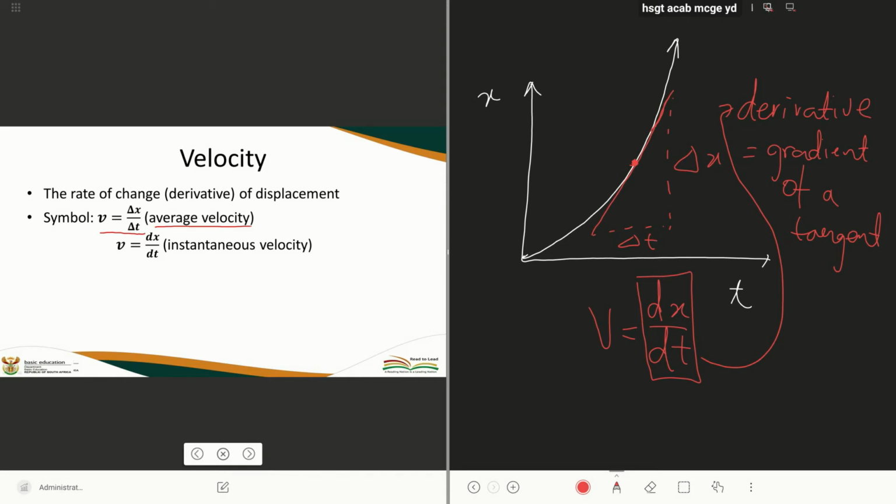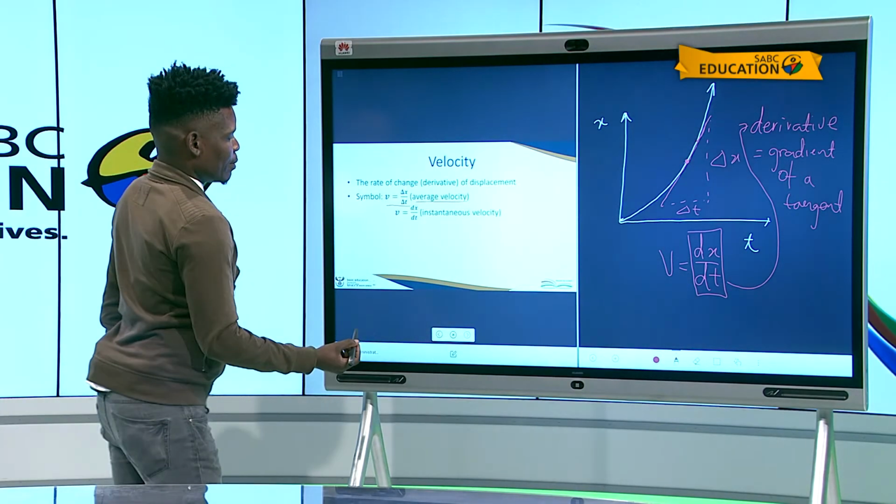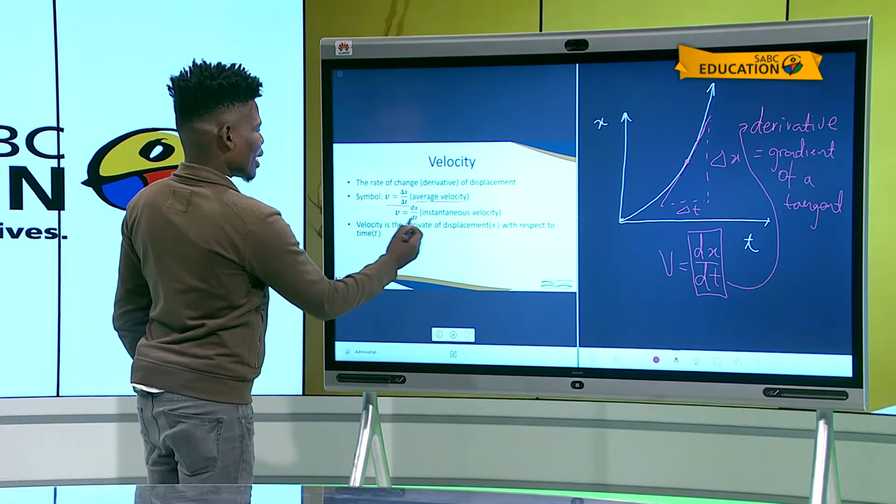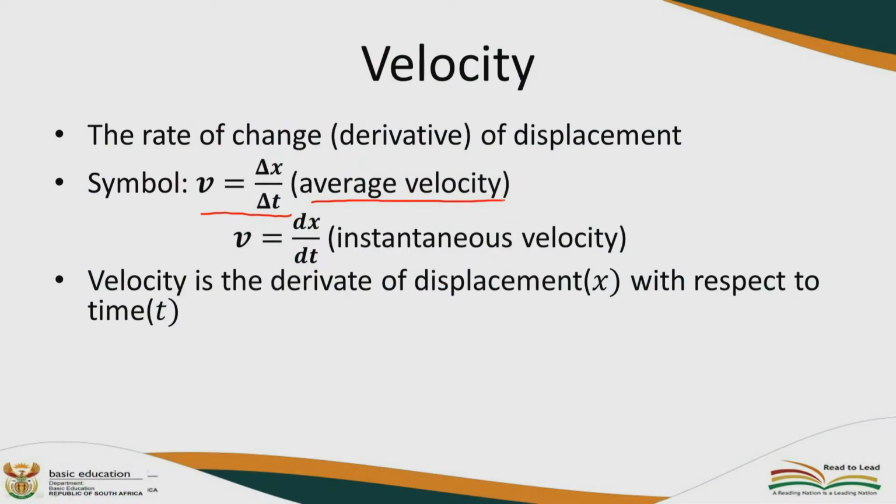Okay, so that's basically what I have used to give this expression of the instantaneous velocity. From this, it basically tells us that velocity is the derivative of displacement with respect to time t. So the derivative of displacement with respect to time t gives us the velocity.